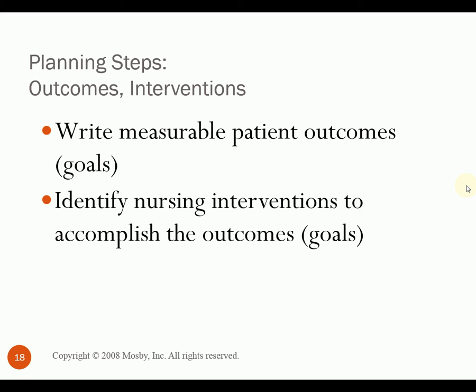Say you had a patient who had surgery, and this is the first day post-op. Your goal for that patient is that you want the patient to ambulate. So your goal would be the patient will ambulate 15 feet, or to make it even more specific, you would say the patient will ambulate, there's your subject, there's your verb, 15 feet, there's my measure, and it's realistic for my patient to ambulate 15 feet.